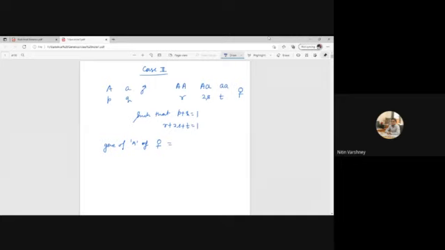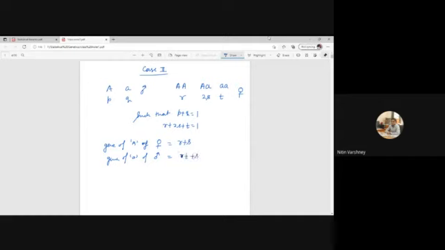Can anyone tell me what will be the gene frequency of A of female? R plus s. R plus s. Similarly, the gene frequency of small a of female will be t plus s.